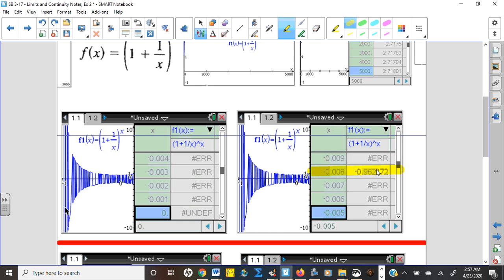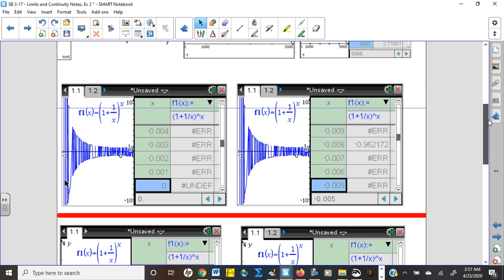So every once in a while there's actually an answer, but only when you get values outside which are perfect odd roots, like third roots or fifth roots, because then we can take those negative numbers and take the roots of them.